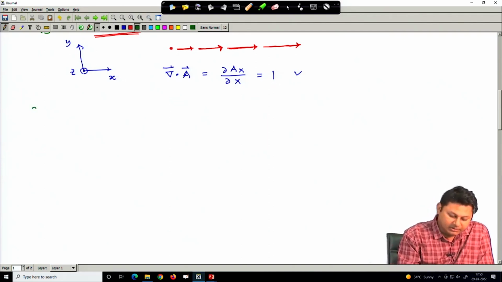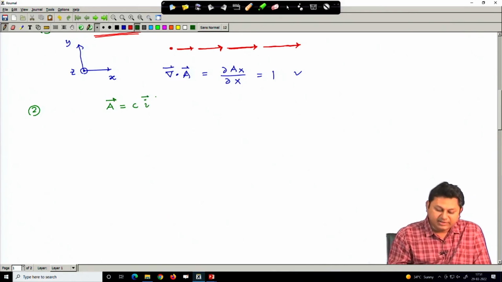Now, another example I would like to give: a constant vector A is given, but this is a constant vector, some constant multiplied by i.